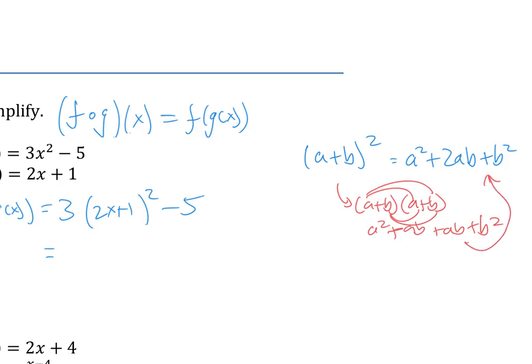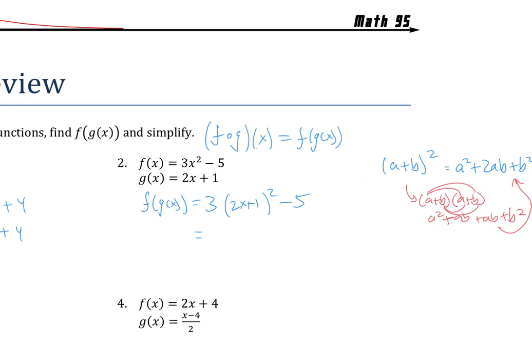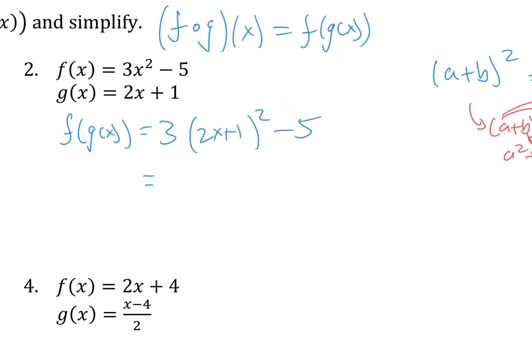All right. So let's use that. You could write this out as 2x plus 1 times 2x plus 1. But that's a lot of extra work that you're not going to have time to do on a test. So let's take those parentheses. We're going to square the first, which is 4x squared, square the second thing, which 1 squared is 1, and then multiply them. 1 times 2x is 2x, and double, that's 4x.